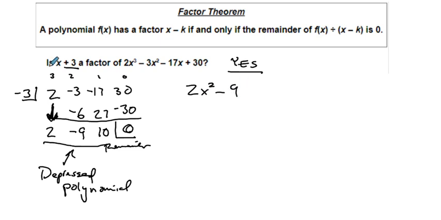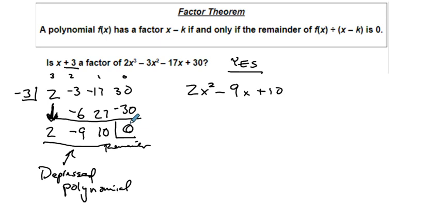Remember, you go one less than what you started with. The degree of this is only 2, whereas the degree of this one is 3. Degree is always your leading exponent, so that's how you identify your degree. This is a polynomial of degree 3.